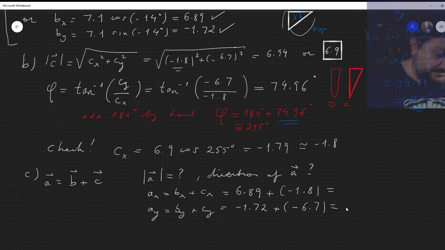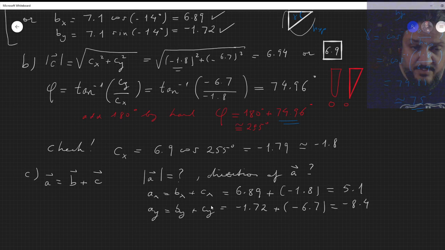So 6.89 minus 1.8, that is 5.09, 5.1, let's say, and negative 1.72 minus 6.7, that is negative 8.4.